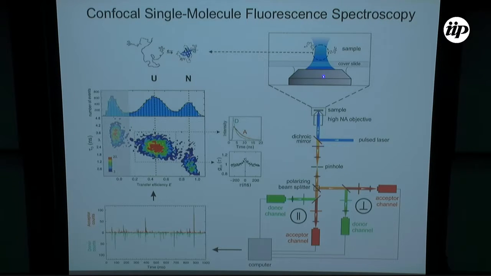Normally, you use this illumination volume to excite the fluorescence, and you also use it to collect the fluorescence back. So normally you excite, and then you collect through the same objective, which is what you have basically here. You are exciting this way, and then the fluorescence is coming this way back.